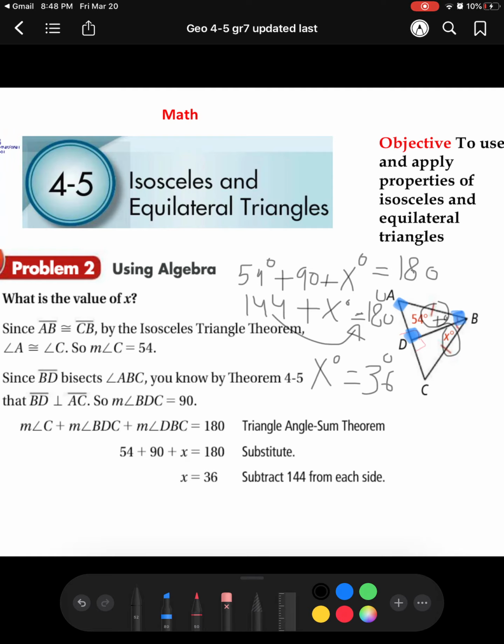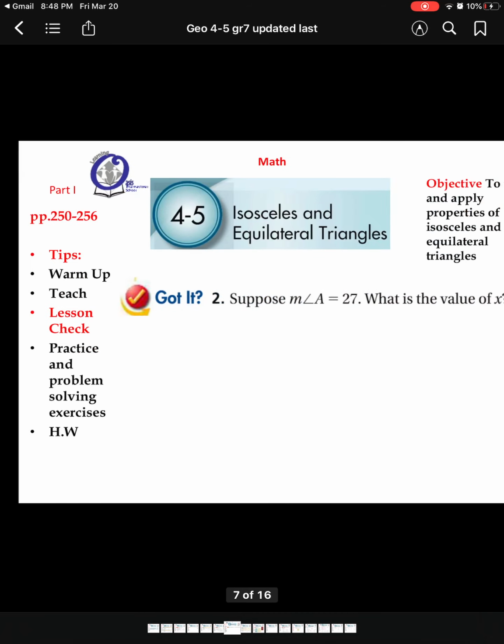We didn't need the length of AD and DC, although they are the same, but we used the information that this angle is 90, so we added 90 and 54 plus x, equals 180, based on the angle sum theorem in any triangle, and we got x equals 36.